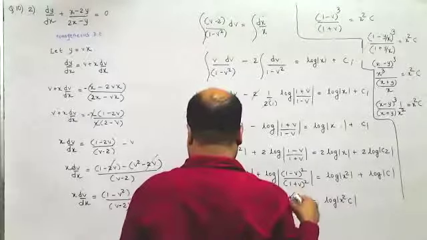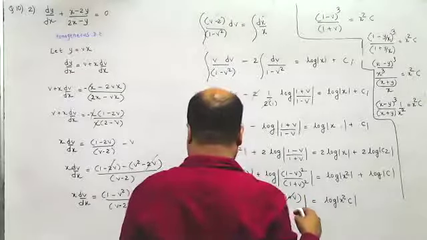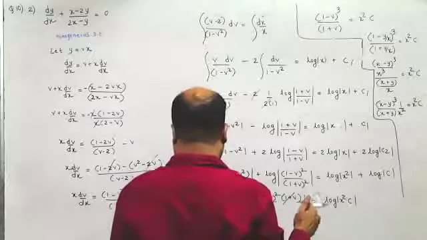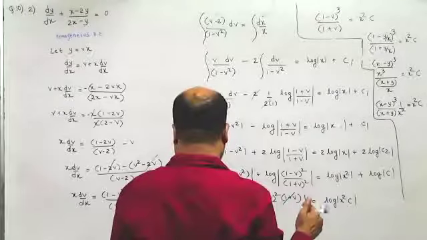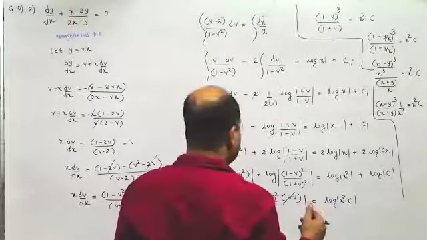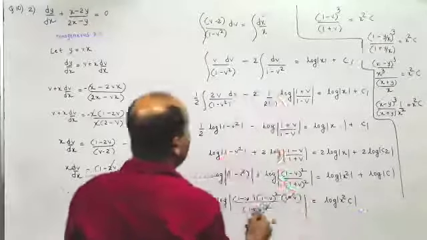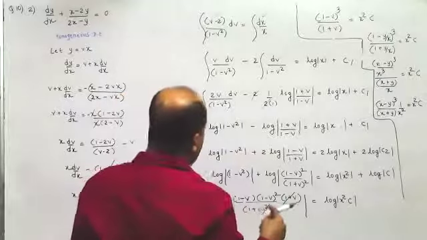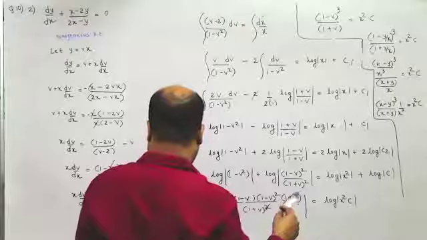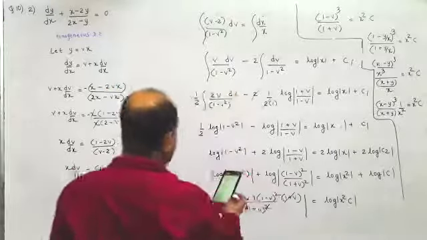So it is (x minus y) the whole cube. x square into constant. Where have I gone wrong?